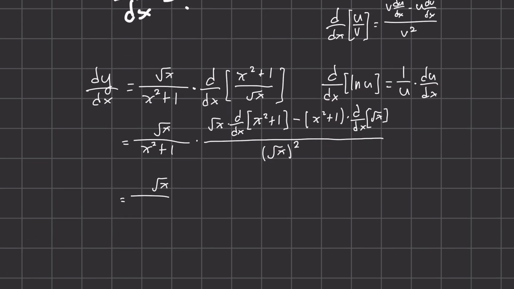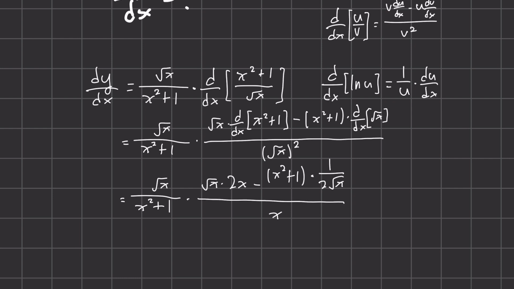I'm just going to keep this left part the same here. It is going to be root x times the derivative of x squared plus 1. Well, the derivative of 1 is just 0 and of x squared is 2x. So you get 2x minus x squared plus 1, which stays, times the derivative of square root of x, which is just 1 over 2 root x. And it's all over x because the square root and the square cancel.